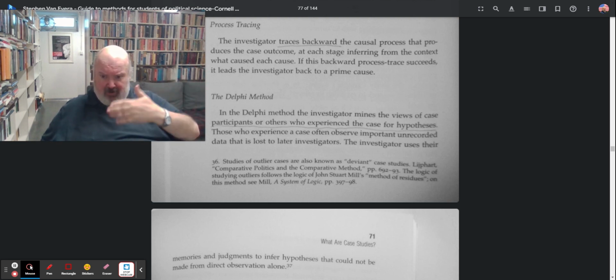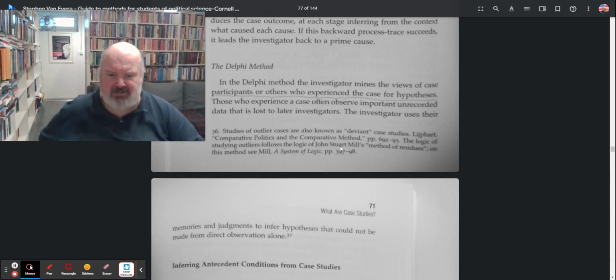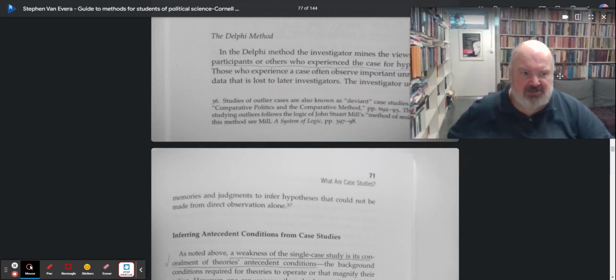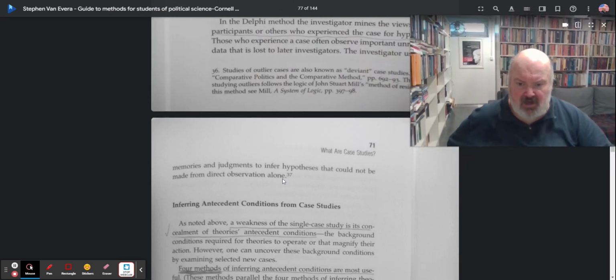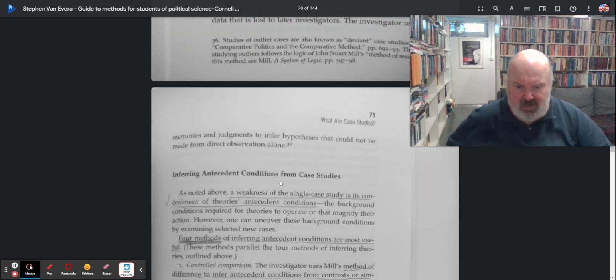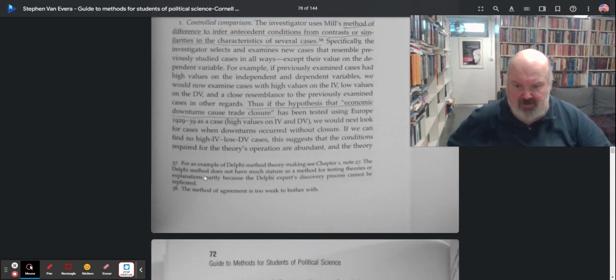The primary people. An investigator uses their memories and judgments to infer hypotheses that could not be made from direct observation alone. Now, for example, Delphi methods theory making, see Chapter 1, Note 27.